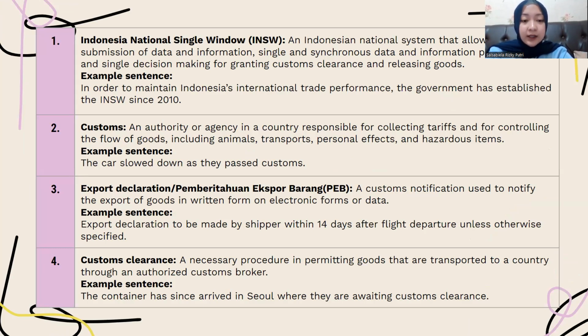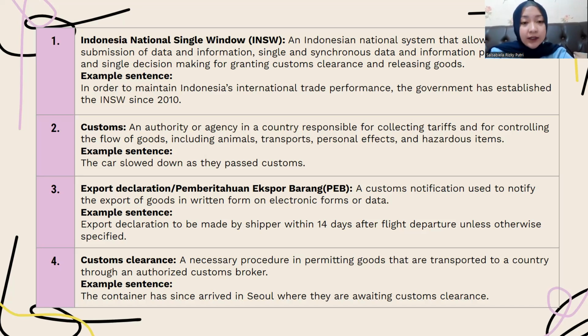Example sentence for INSW is, "In order to maintain Indonesia's international trade performance, the government has established the INSW since 2010."